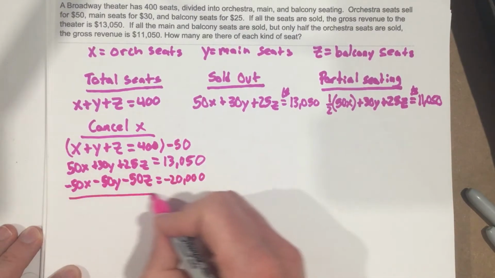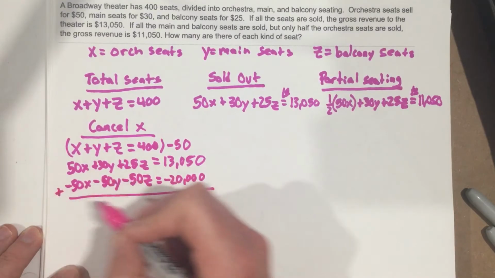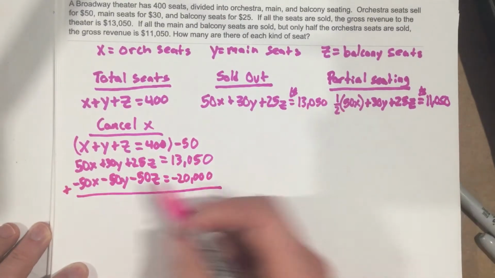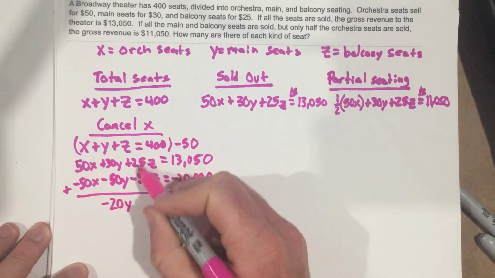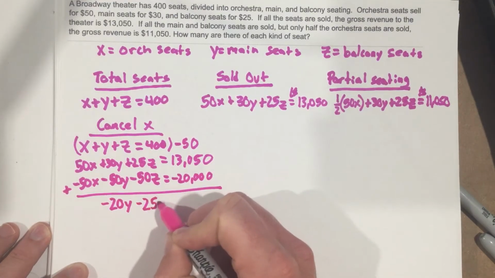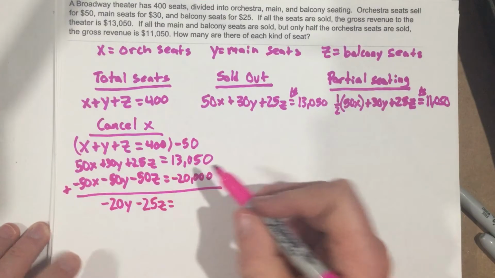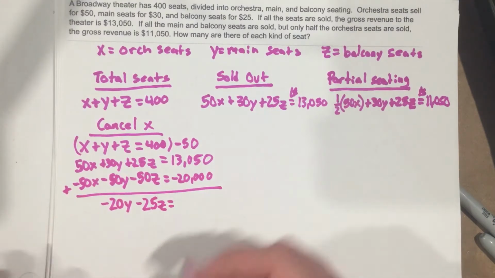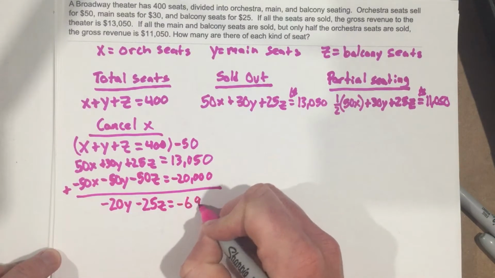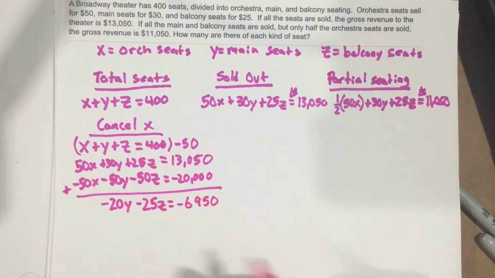Combine these together using addition, and we're going to get 0, negative 20Y, negative 25Z, and this will give you 13,050 minus 20,000, negative 6,950. All right, we combined the first two equations together, canceled the X.